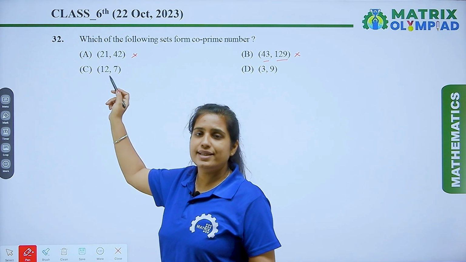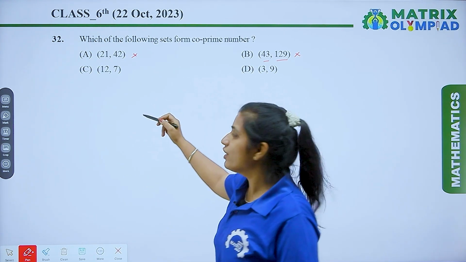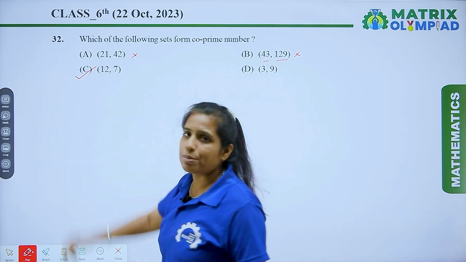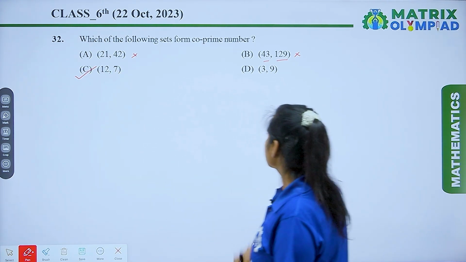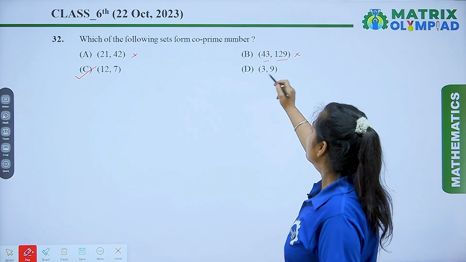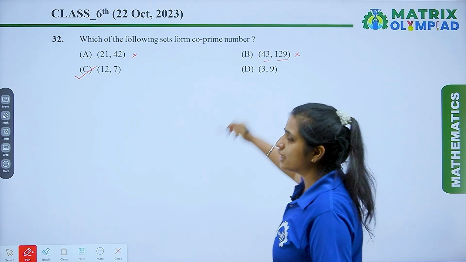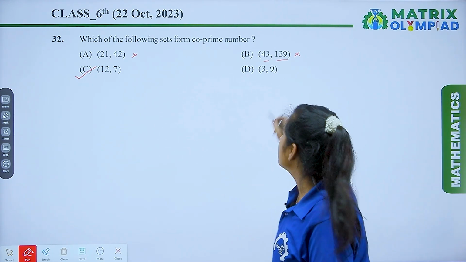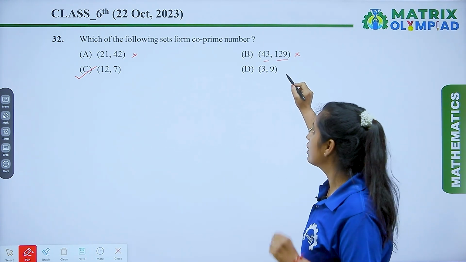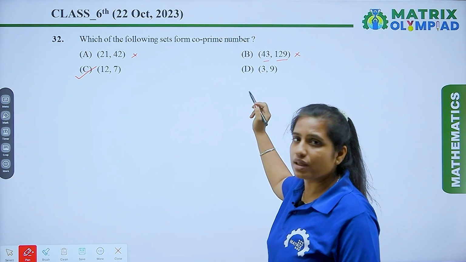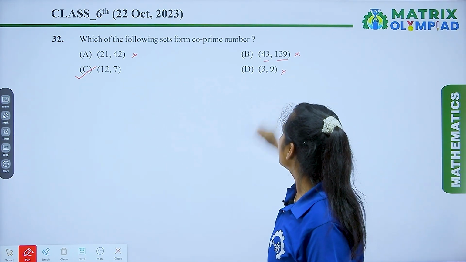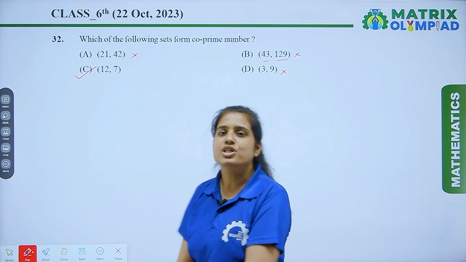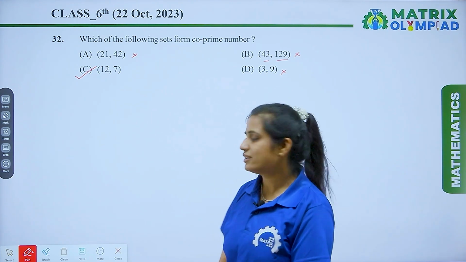Here 12 and 7: the common factor is only 1. So option C is the correct answer. In option D, 3 and 9, the common factor is 3 other than 1, so option D is also incorrect. So according to the question, option C is the correct answer.